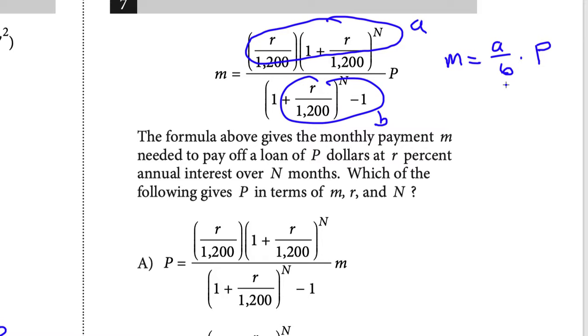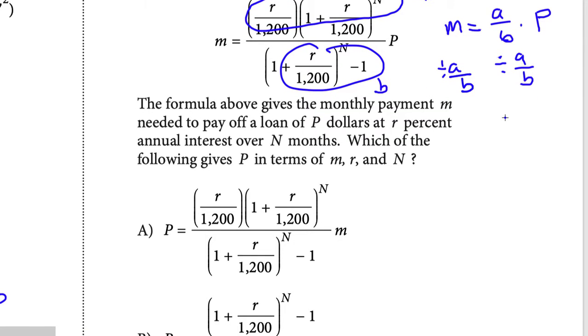So I'm going to divide both sides by A over B. And then I get my answer. P is equal to M divided by A over B. I'm going to pause right here because I switched sides.